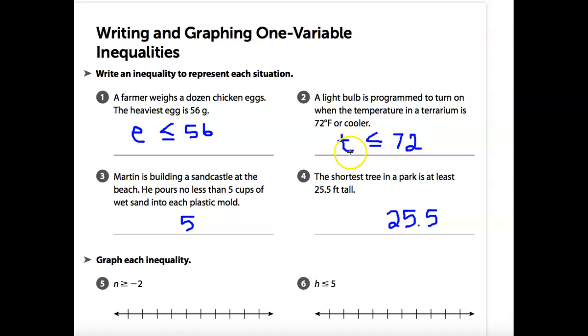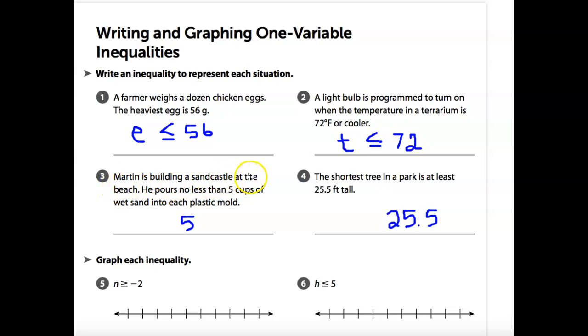So the temperature, T, can equal 72 or it can be cooler than 72. 71, 70, 69 in the 60s, all the way down. Anything less than 72. So that's what it's telling us, that the highest it can be is 72 and everything else would be cooler. All right, I want you to try 3 and 4.